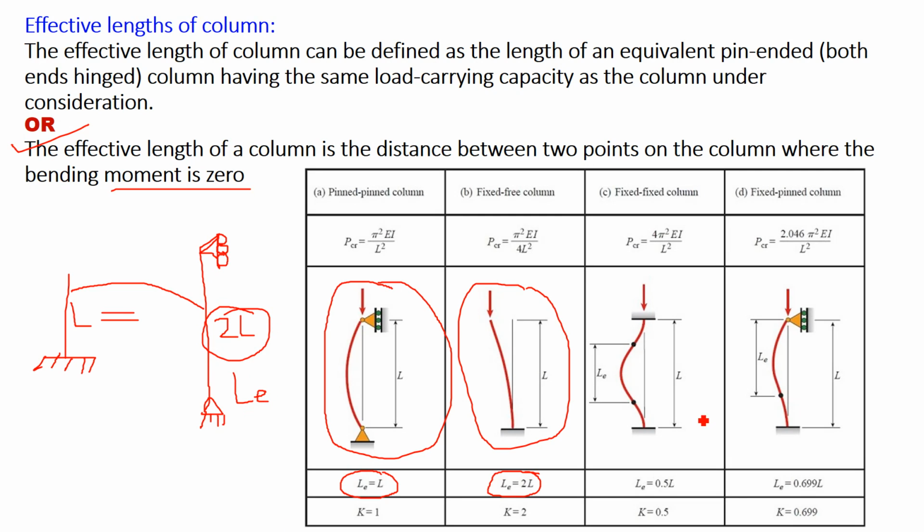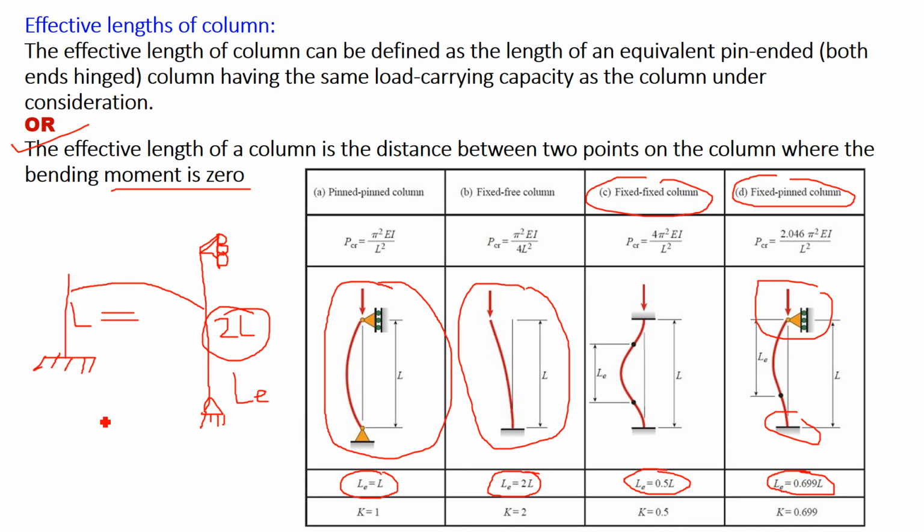Similarly, effective length of two end fixed column is LE equal to 0.5L, and for one end fixed, one end simple, which is called a fixed pin column, the effective length is equal to 0.7L, or 0.699L, meaning 0.7L.